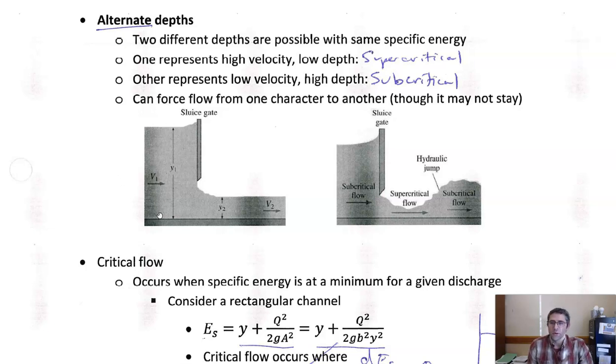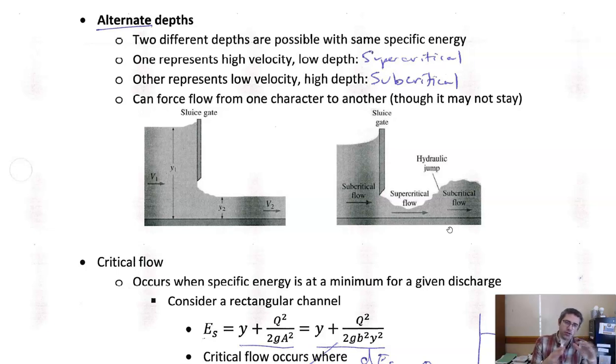It backs up the water like we want it, but then it creates, or could create, this supercritical flow section. And if this is a natural channel, again, we might not want to erode away the natural channel. So we might want to create this, but then get it back to subcritical flow while we're still on concrete, for example, while we're in an area that's protecting the channel bottom.